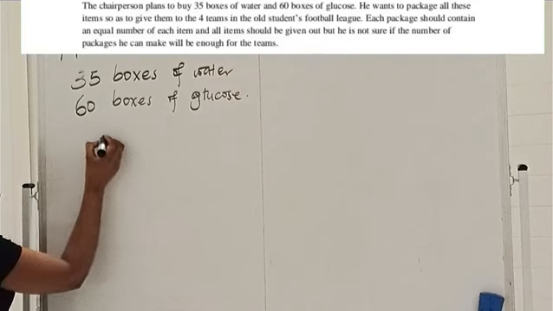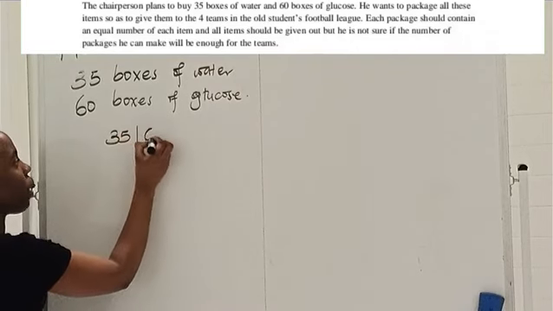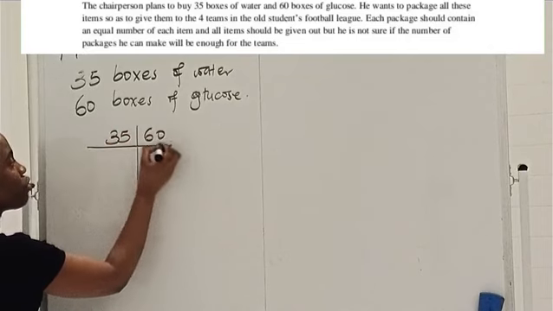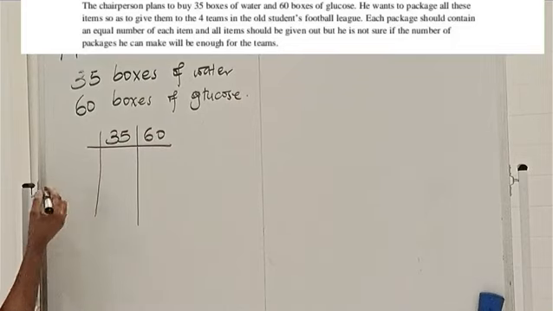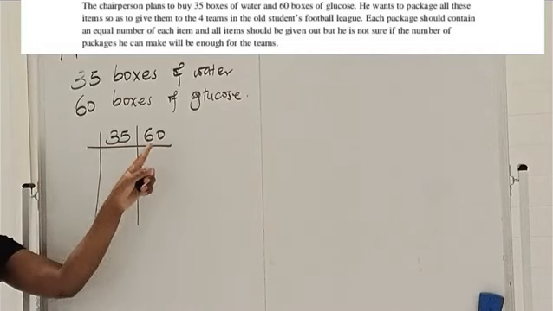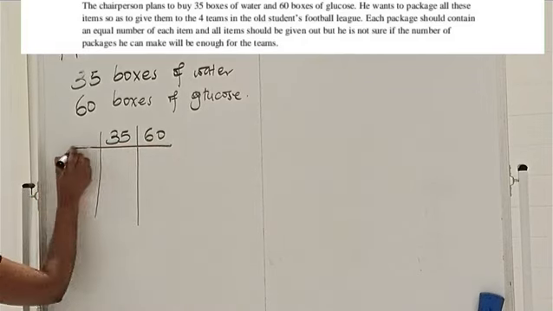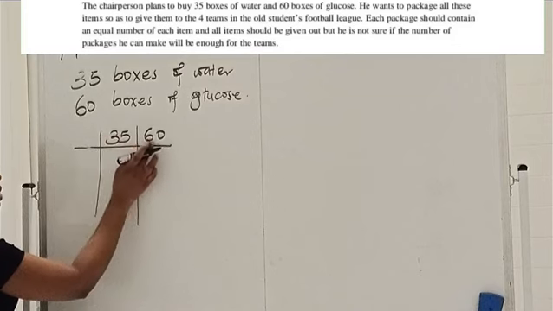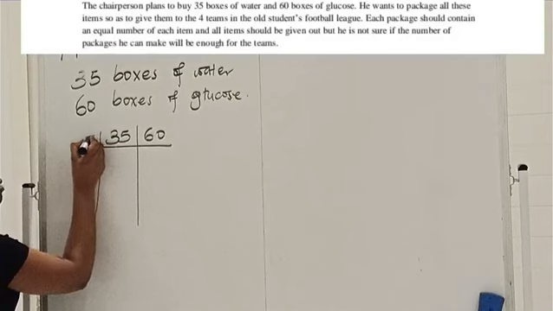So we have our 35 here and we have our 60 here. I'm going to use the ladder method, but you can use any method of your choice. For the highest common factor, we need that factor that can divide these two simultaneously. Let me use 5.